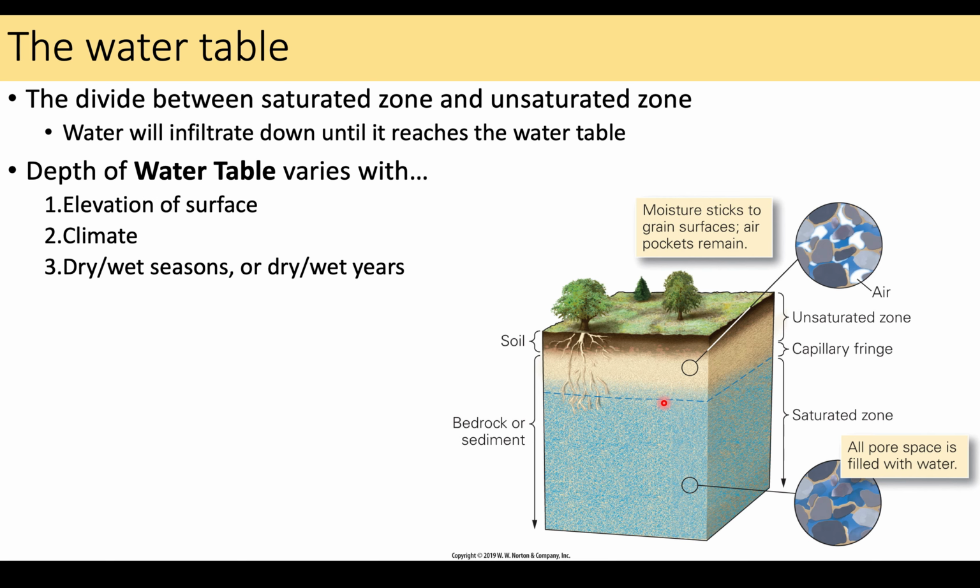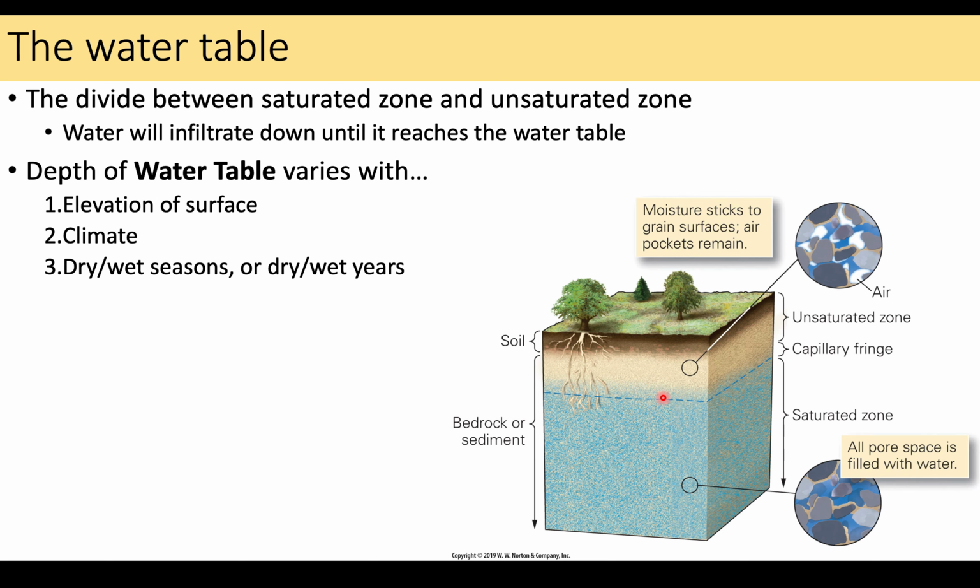So when there's more rain, when it's a wet year, a wet season, we're talking about a climate that gets a lot of rain, your water table is going to move up because there's going to be more and more water that's going to fill these pore spaces. So as more water is added, more and more of the unsaturated zone is going to become saturated.